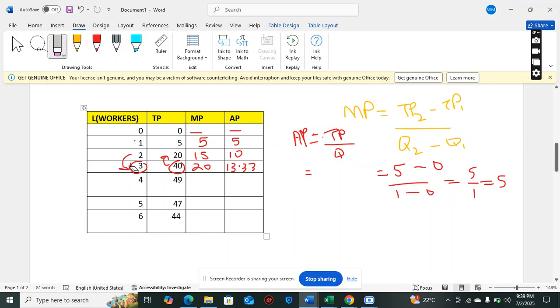We go to the fourth worker. From 3 workers, you've employed now 4 workers. Remember, still one sewing machine. So you have got 4 people now working on one sewing machine. So the total product has jumped from 40 to 49. So the marginal product, you say 49 minus 40, that is 9. So this fourth worker has brought an additional output of 9 sheets.